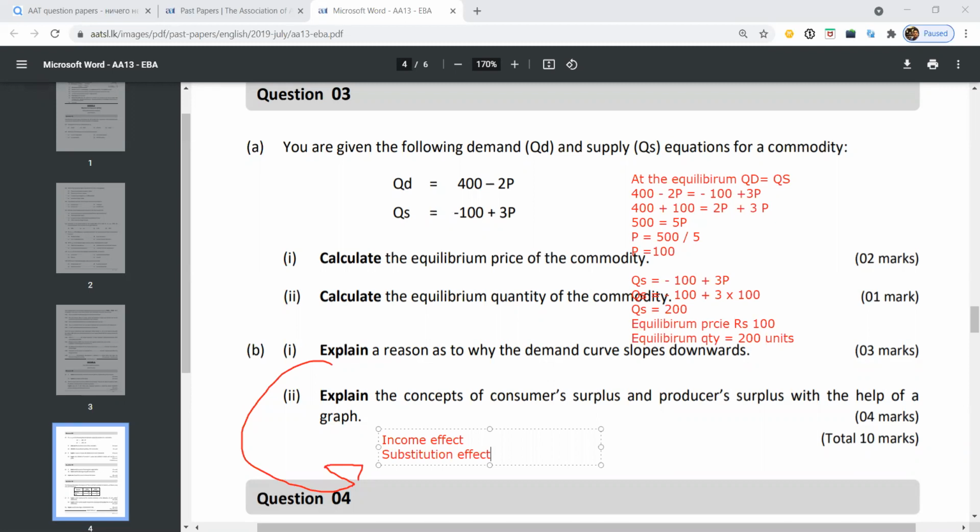Next question, explain the concept of a consumer surplus and producer surplus with the help of a graph.